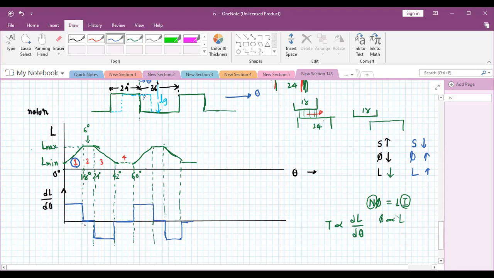Torque will be 0. And whenever dL by dθ is finite, finite means some value will be there, at that time we are getting a torque. So whenever we inject the current, we are getting a torque due to some finite dL by dθ.